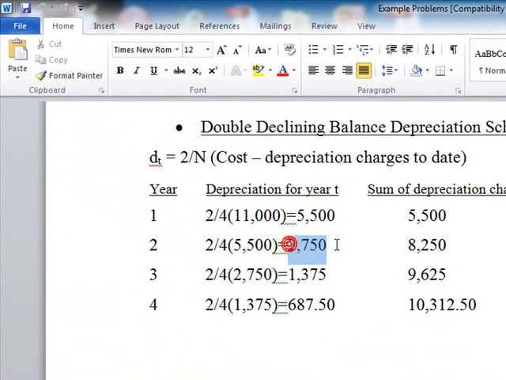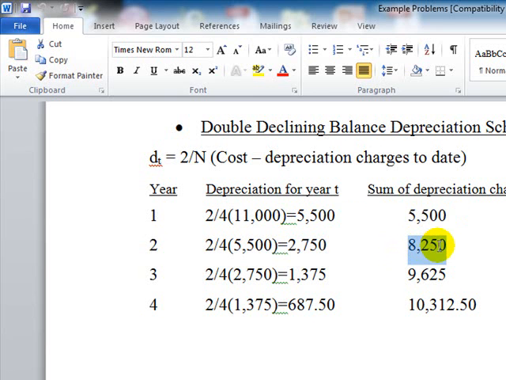If we calculate that, we get the depreciation for the second year as 2,750, right? And the summation of depreciation for the first 2 years, which is 5,500 plus 2,750, is $8,250. This is the total depreciation for the first 2 years.